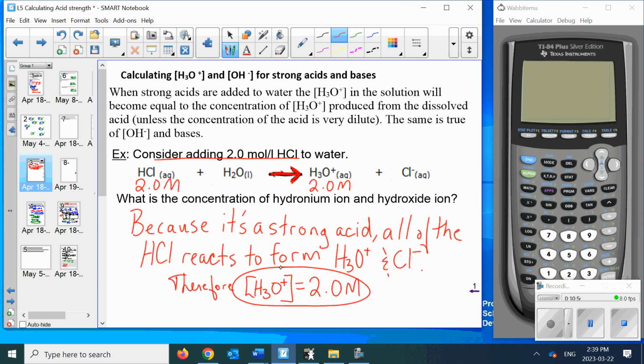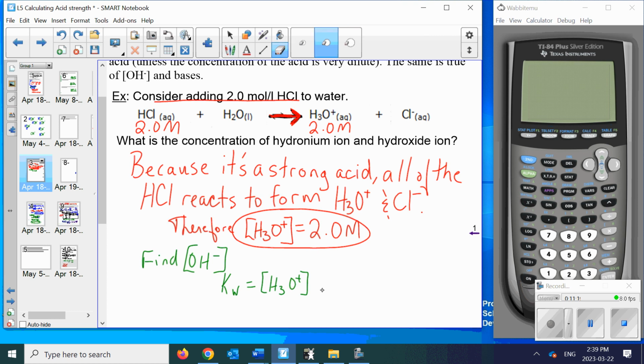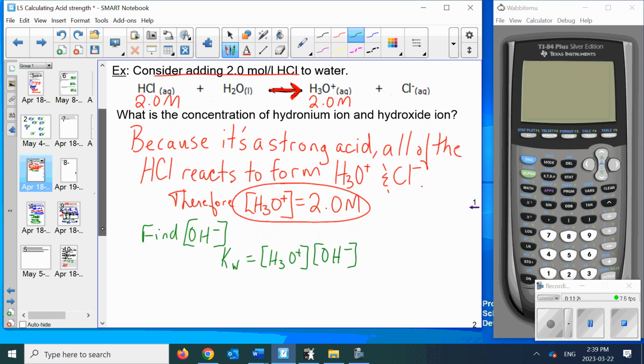You need the hydroxide. Well, to do that, we're going to use the Kw expression again. Kw equals hydronium times hydroxide concentration.